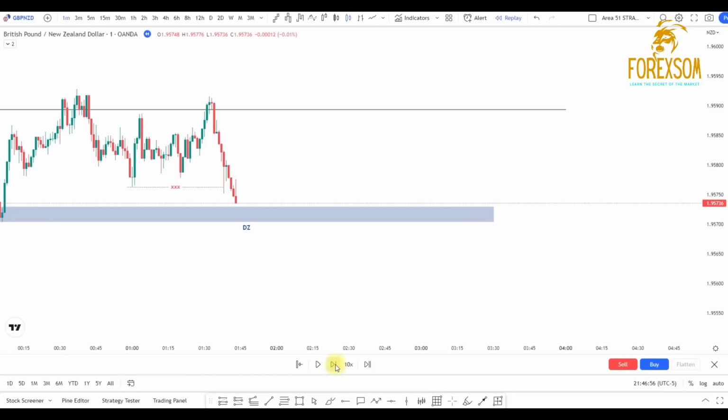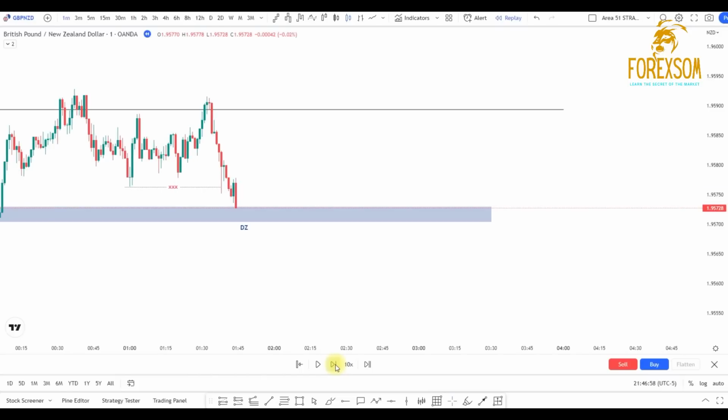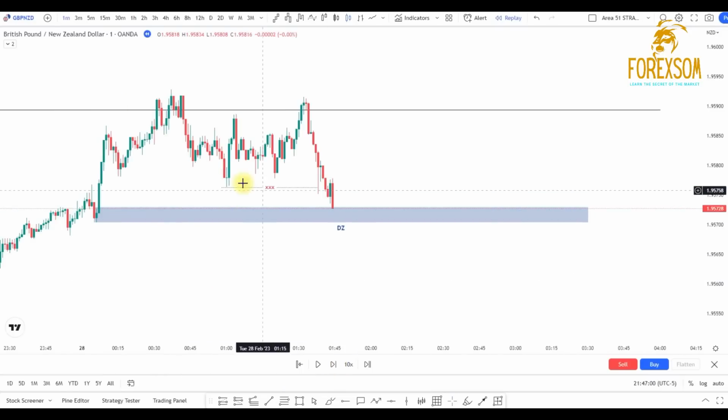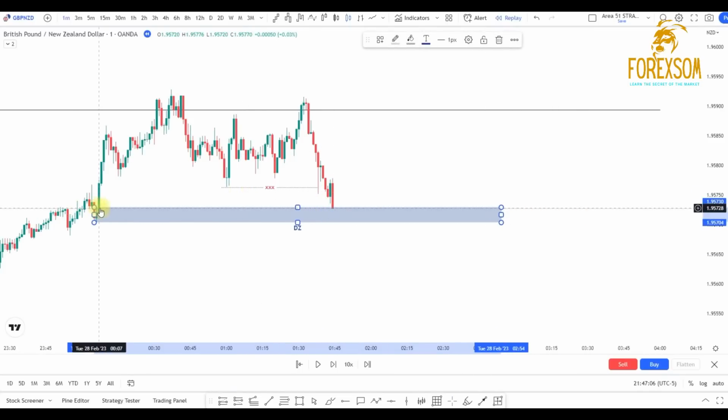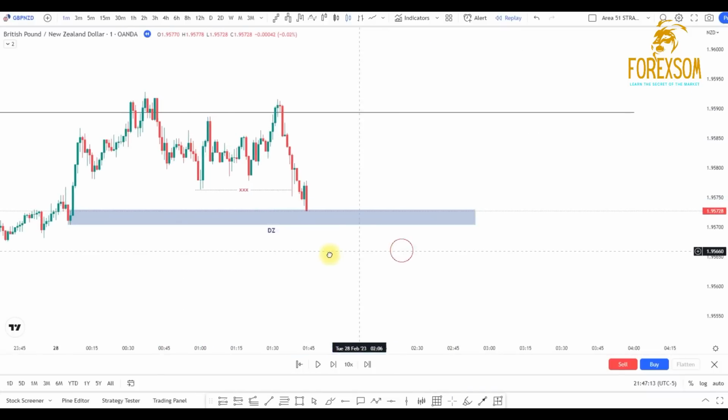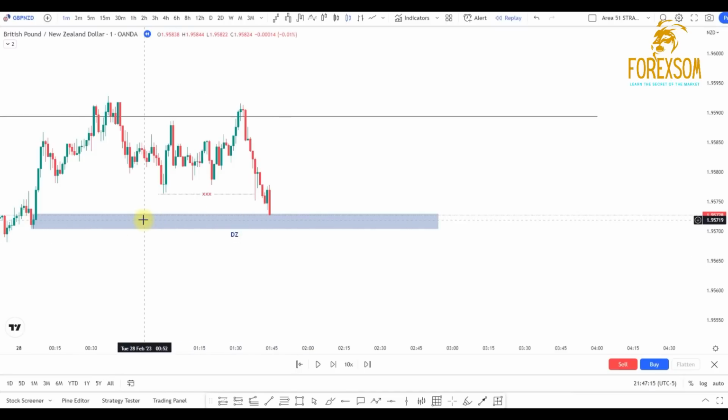It's playing out. Now the price took out the liquidity here and then tapped on my zone, which is my demand zone, that's not tapped yet before the break of the Asian structure highs. Now that I marked my structure and the price came back to the zone and tapped on it, I'm waiting for a change of character.